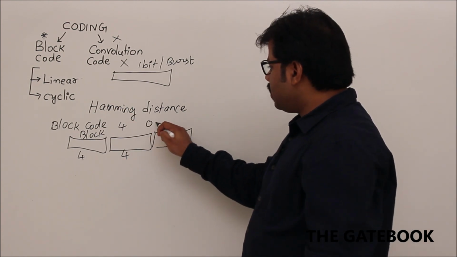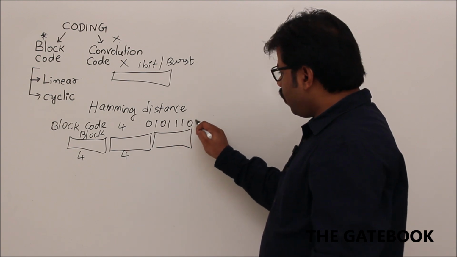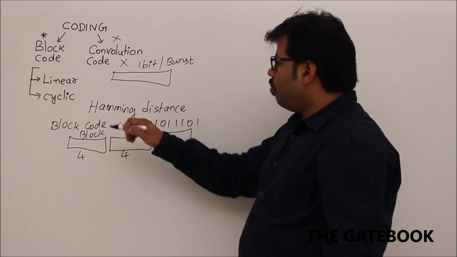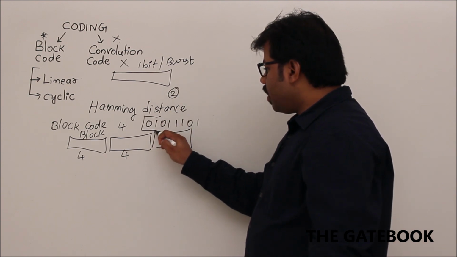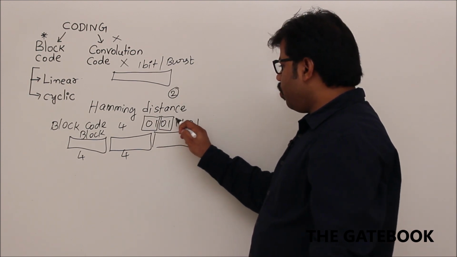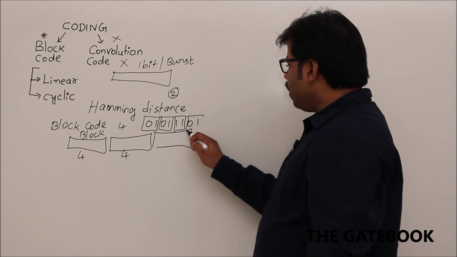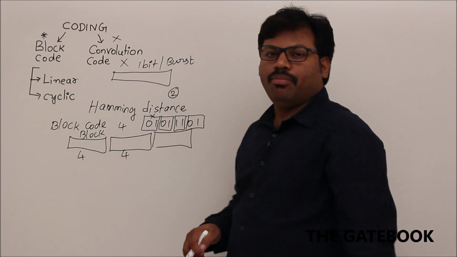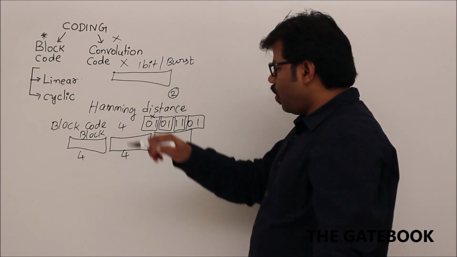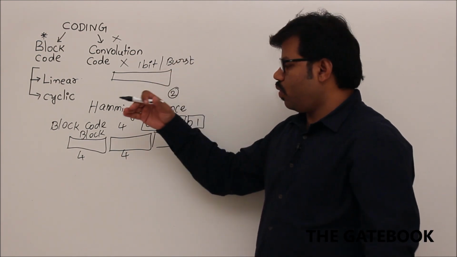For example, if you have a message 01011101, and I use block coding with the block length as 2, then every 2 bits will be grouped and a code word will be added to every block. That's it. This is about block code.